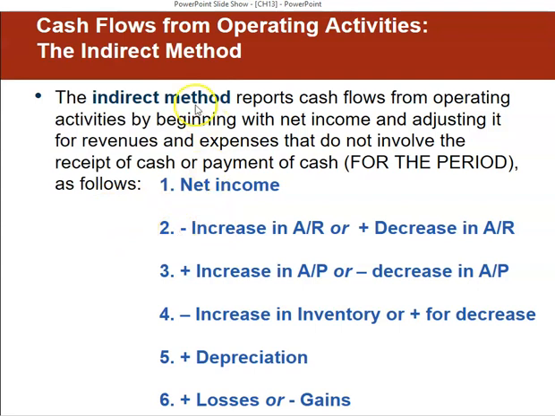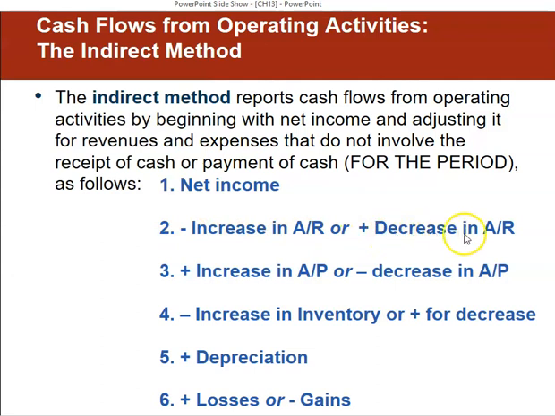Why? Because we're trying to reconcile cash. And part of that net income, roughly $10,000 of that, is from profits that have not actually been converted into cash yet. So when we have an increase in accounts receivable from the prior period, that is a negative adjustment.